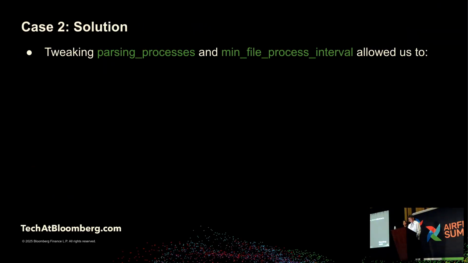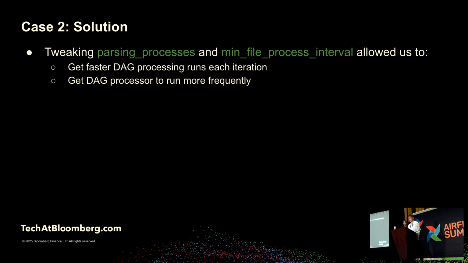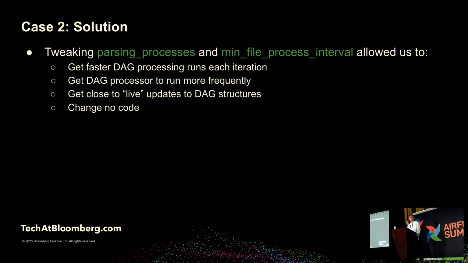As you can see, tweaking the parsing processes and min file process interval allowed us to achieve faster DAG processing in each iteration and run the DAG processor more frequently, giving us updates to DAG structures that are as close to real time as possible. And the best part, none of this requires any code change. It was all done by adjusting the configuration variables.